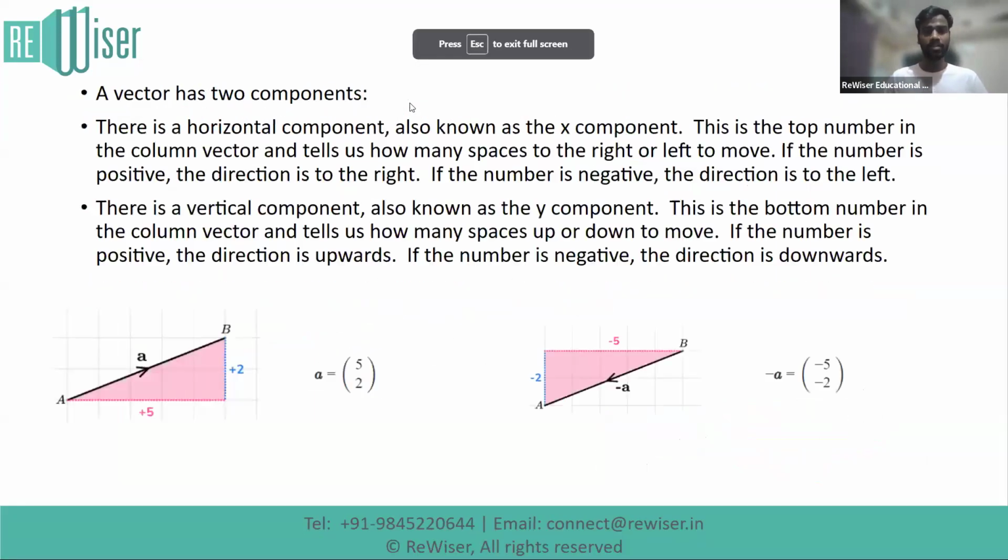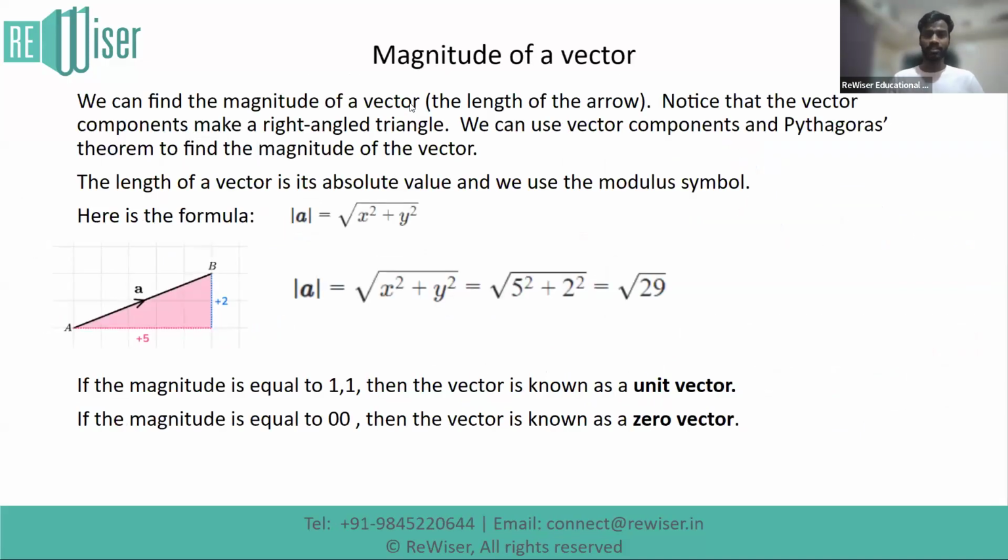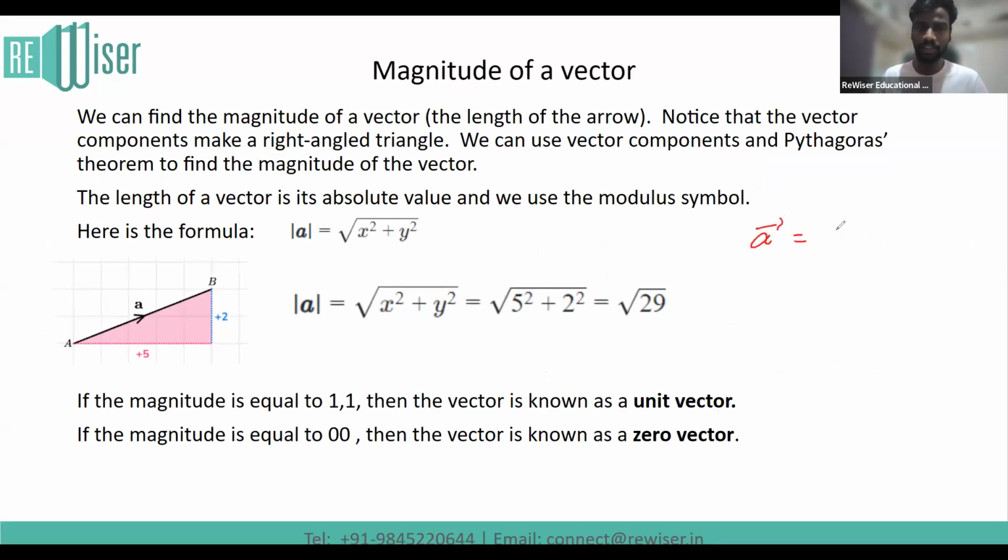And next, if I talk about magnitude of a vector. If I need to find the magnitude of a vector, that's the length of the vector. Whenever I have any vector A in the form of (x, y), the magnitude of the vector is going to be square root of x squared plus y squared. And here is an example.